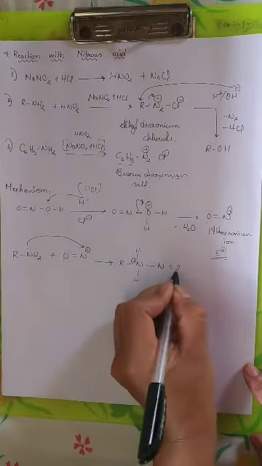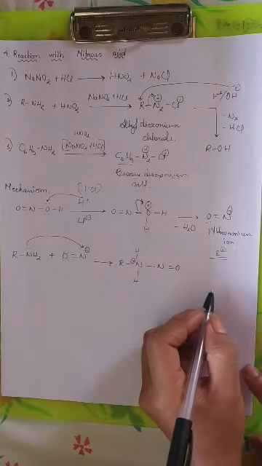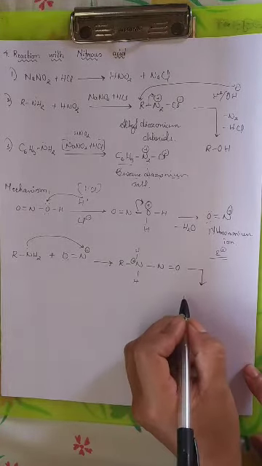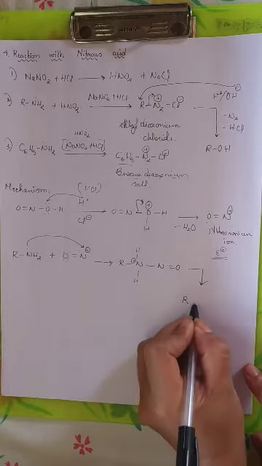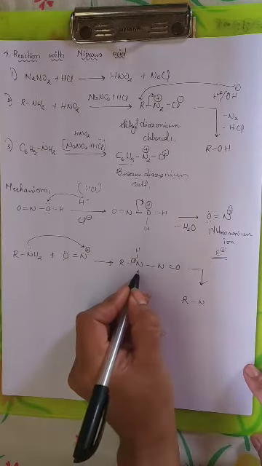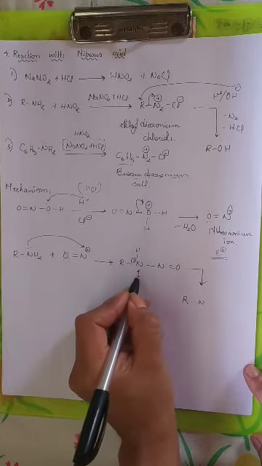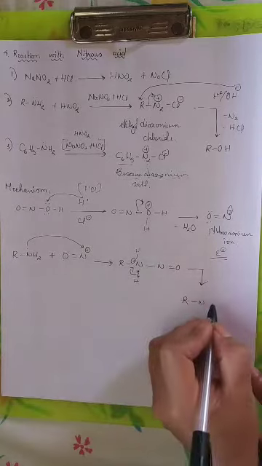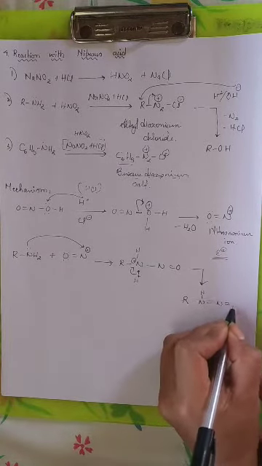Then the bond breaks, and the two bonding electrons fill the deficiency of the nitrogen atom. Therefore we get RNH with a double bond to O.